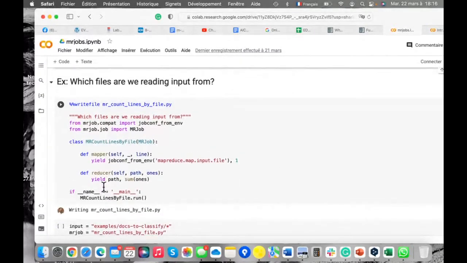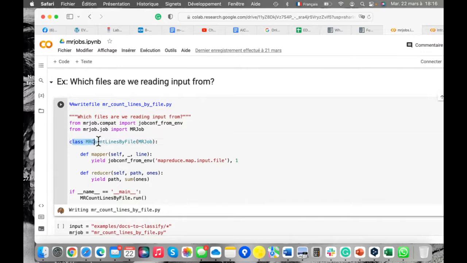It looks like this. We have a class called MR count lines by file, and this class will contain the mapper and the reducer functions. So it's a very simple version of both of them.